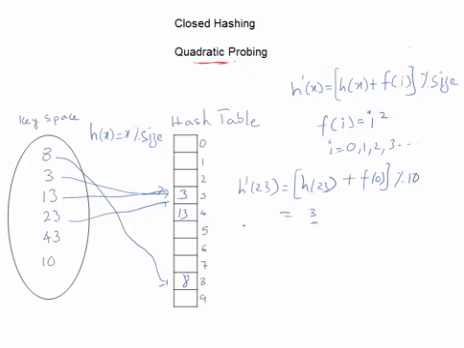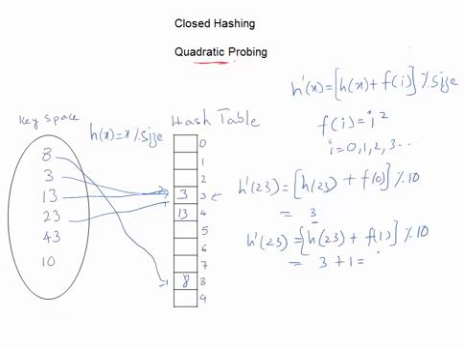There is a collision at location 3. Then (h of 23 plus f of 1) mod 10, so this is 3 plus 1 mod 10, which is 4. At 4 also there is a collision.